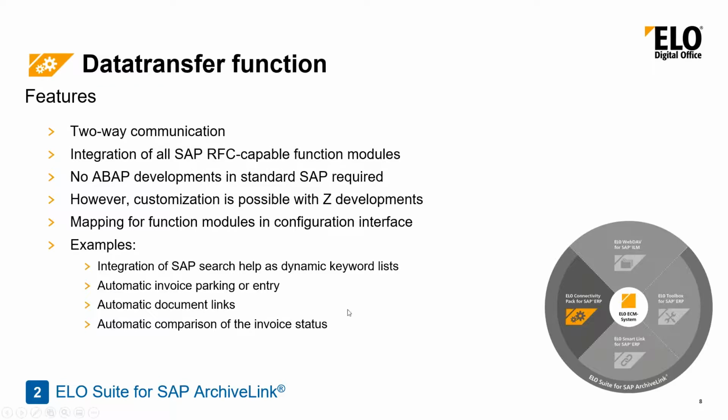We can incorporate all of these elementary SAP search helps that already exist in ELO without any additional programming. And in ELO, these are so-called dynamic keyword lists, which are used, for example, on forms. So whenever the user enters the address of the company, we could call this search help in SAP, and this is basically a live view on the SAP data that we have.